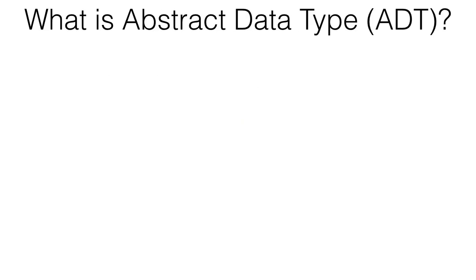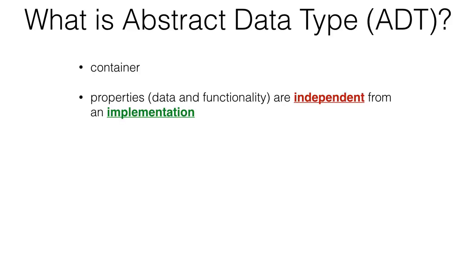So what is an abstract data type? It's a container. It has properties, which are data and functionality. Don't get stuck on that word properties thinking that it has a specific language construct to it. It's not.